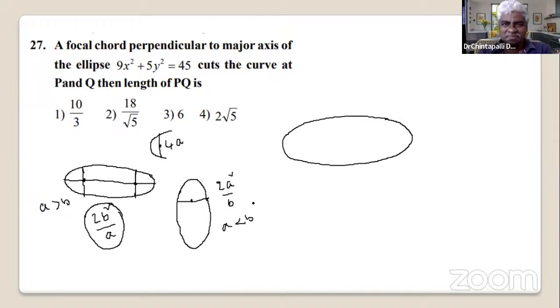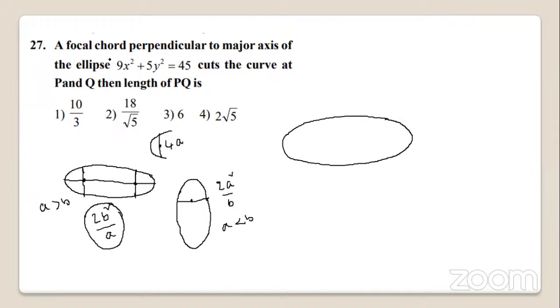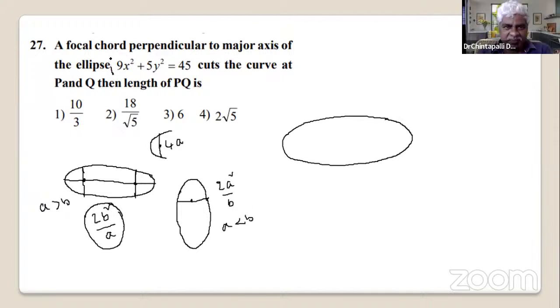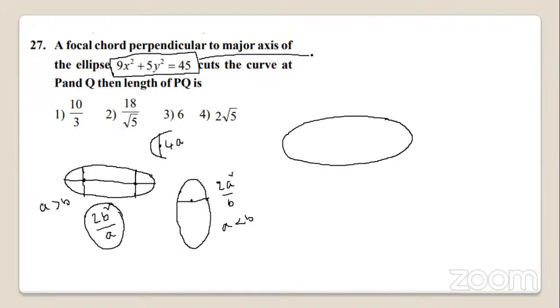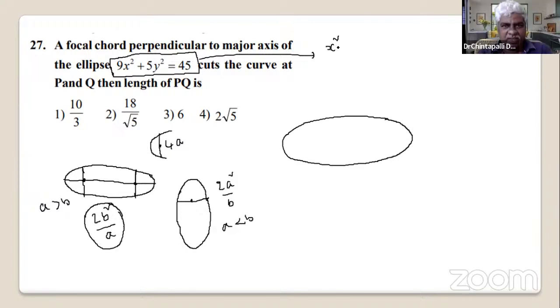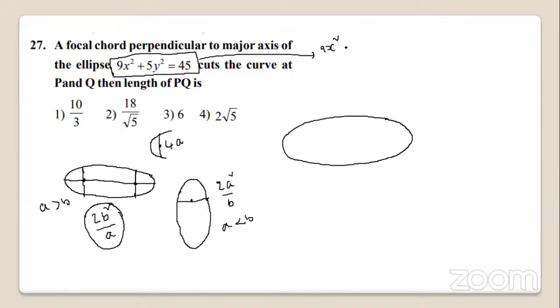Got it? Now take this ellipse equation and simplify it, that means convert it into standard form. 9x square plus 5y square is equal to 45.